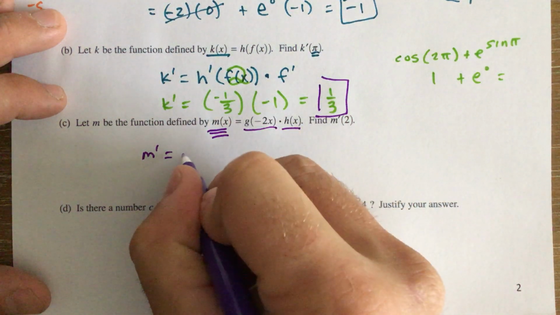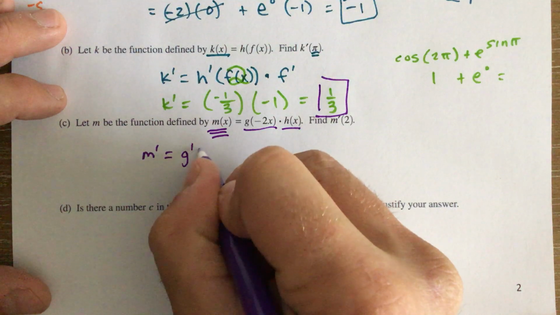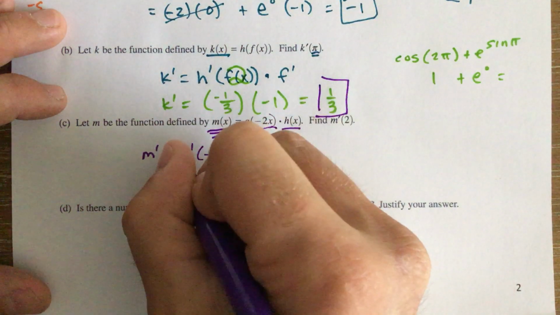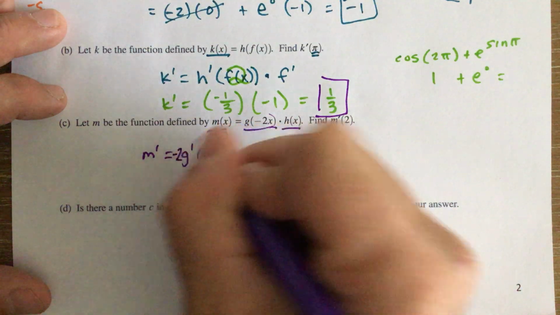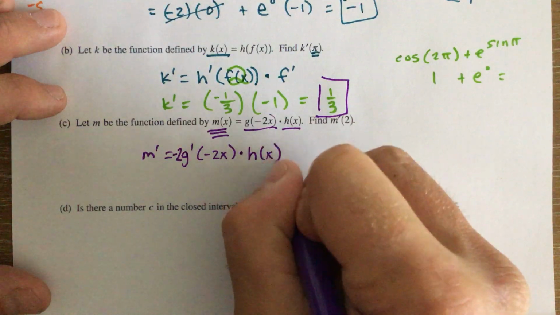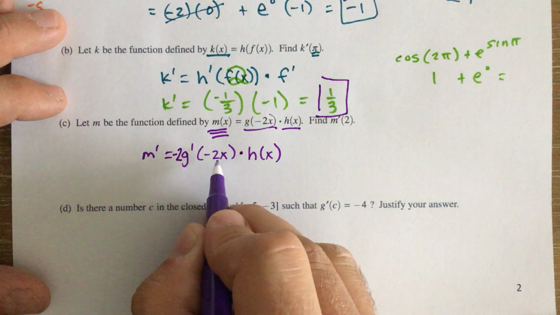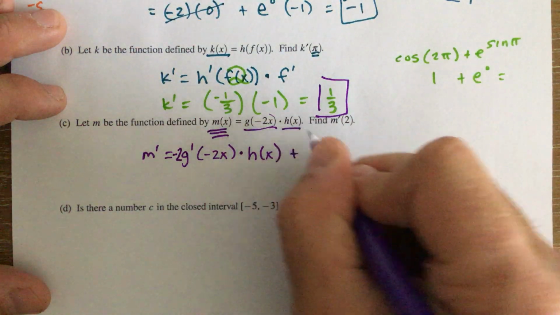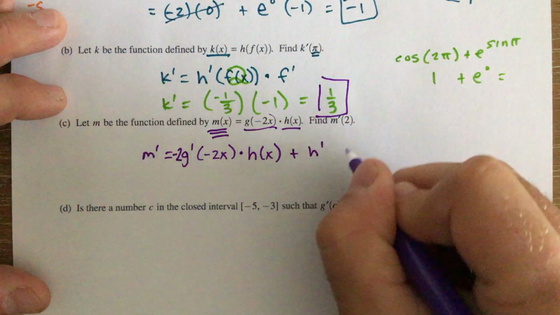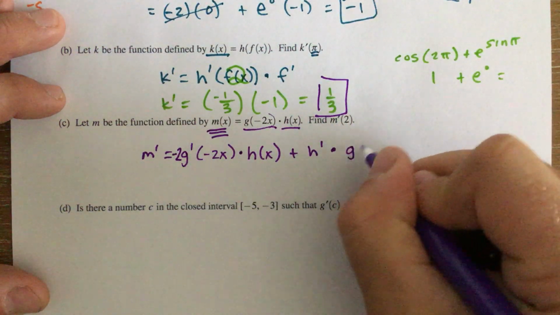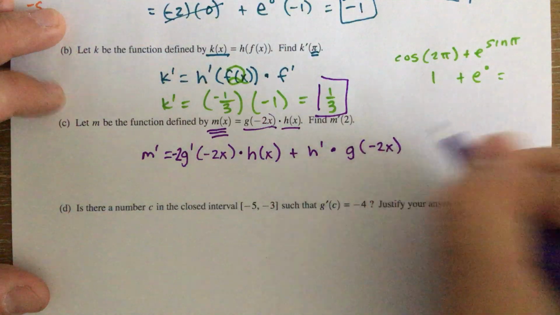So the derivative of g is going to be g prime with a -2x, and then the derivative of -2x is -2, times h of x sitting there. Derivative of this first part with the other one sitting there, and then plus the derivative of the second part, which is just h prime, times this thing just sitting here, g of -2x.